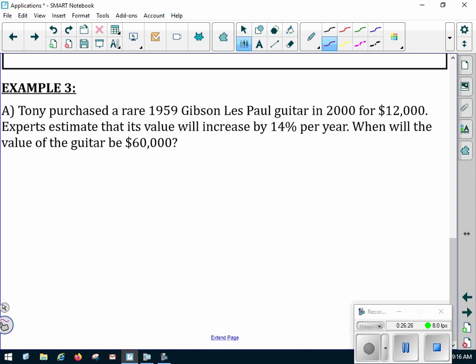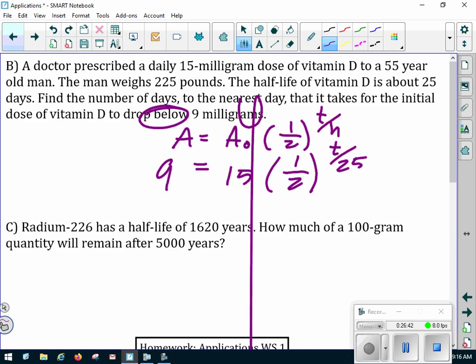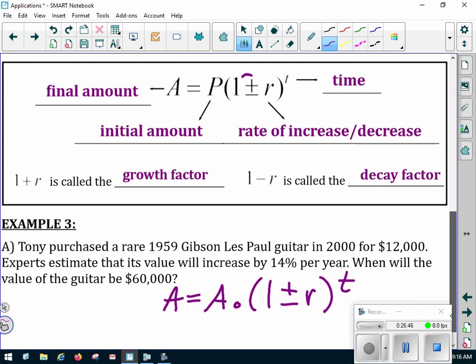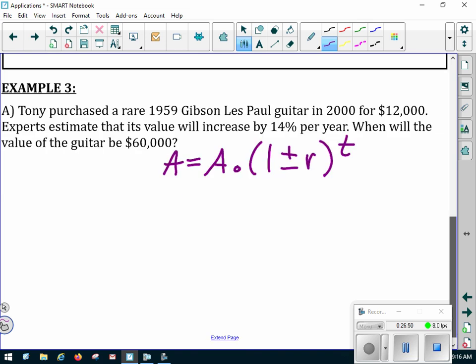All right, we're going back to this equation. Now, think. Not today. All right. What is the initial amount? What's the initial value?